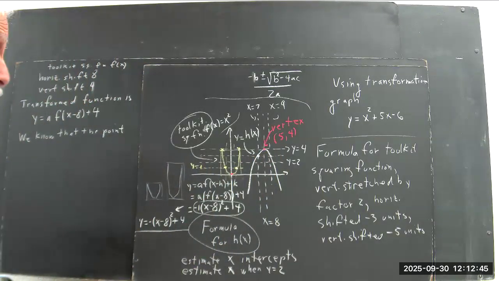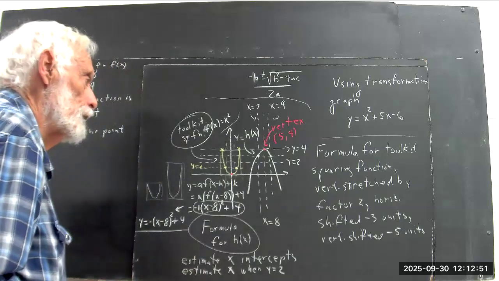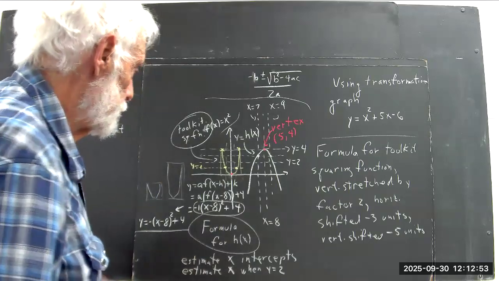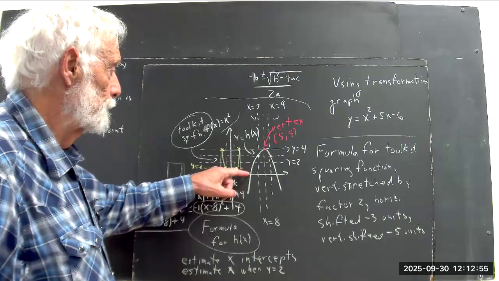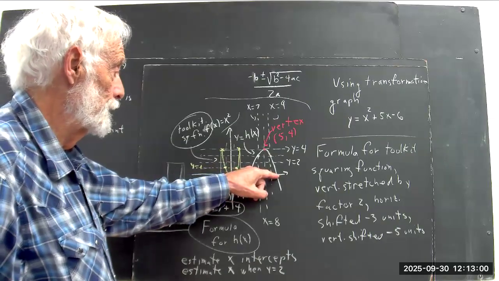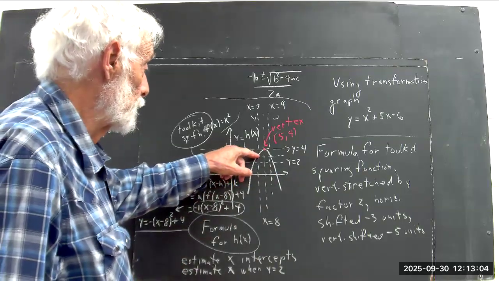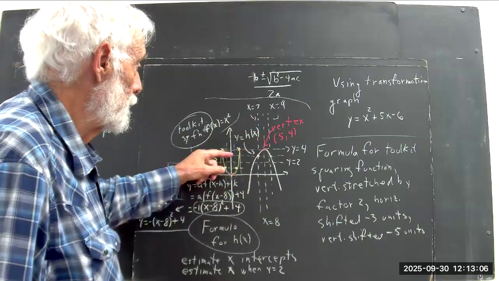It doesn't matter what point. We could use this point or this point, which you can easily enough reason out, or maybe it'd be given that this is the point (6, 0), and this is the point (10, 0). But I'm going to use this point, which is (7, 3).